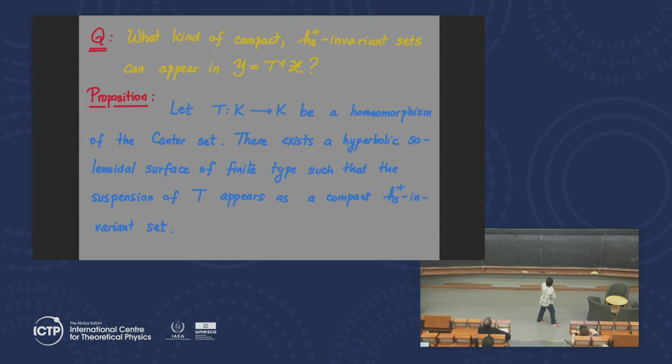Of course, the suspension of a homeomorphism of the Cantor set will give you a one-dimensional lamination, which is transversely Cantor. And you can embed this one-dimensional lamination, which is transversely Cantor, into the unit tangent bundle of one solenoidal surface of finite type, as a minimal set for the horocycle flow.